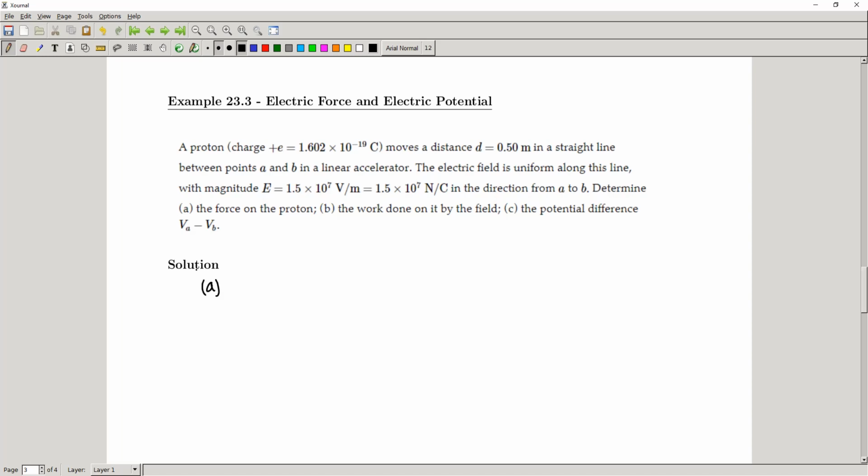This one should be fairly simple for us, right? We know that the force is simply going to be equal to our charge times the magnitude of our electric field. I can substitute in numbers here.